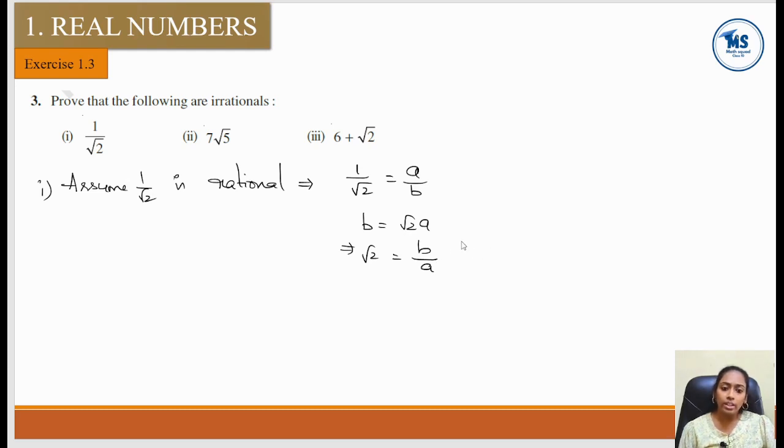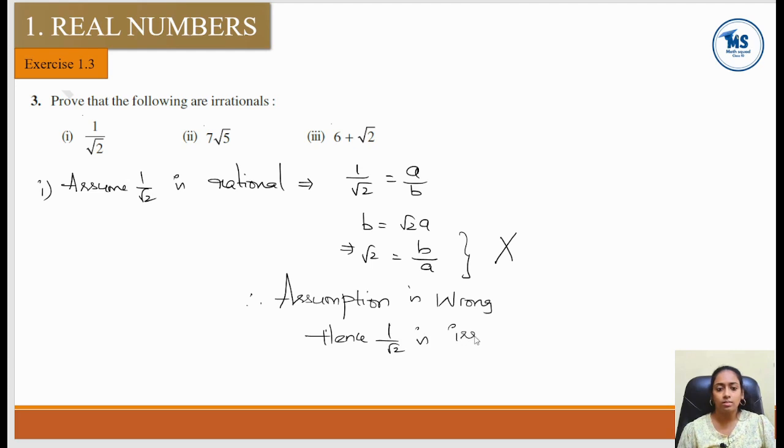Root 2 I can write in the form of p by q, which is not correct. Root 2 is irrational. If I am assuming 1 by root 2 is rational, I am getting root 2 is also rational, which is wrong. Therefore, assumption is wrong. Hence, 1 by root 2 is irrational, right?